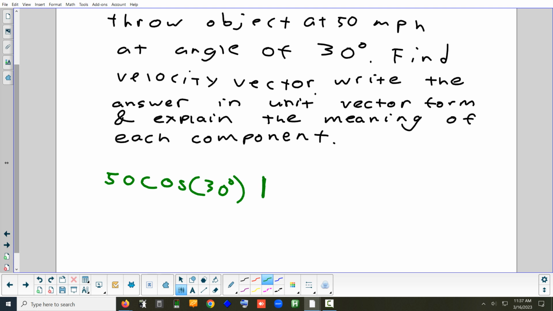That's the i, the horizontal. And what's going to be my expression for the vertical component? Same thing with the sine instead. j. 90 degrees. Okay, so do that out, and that's the answer.